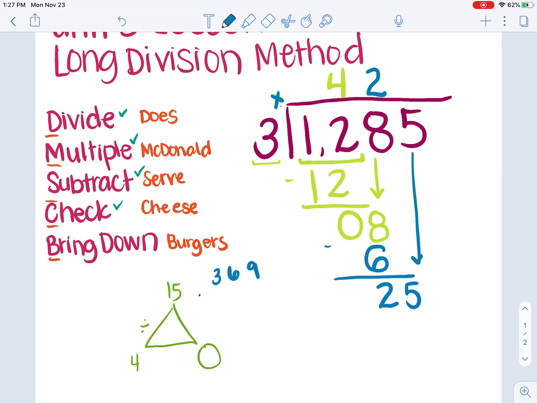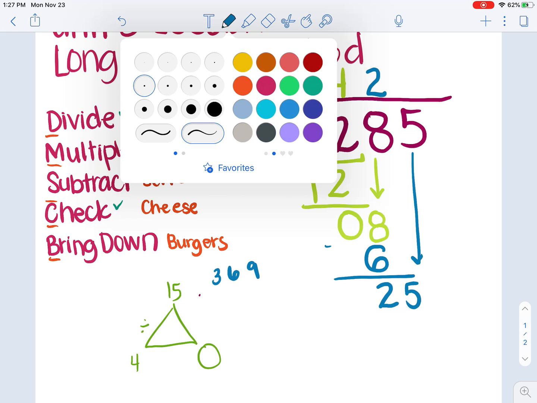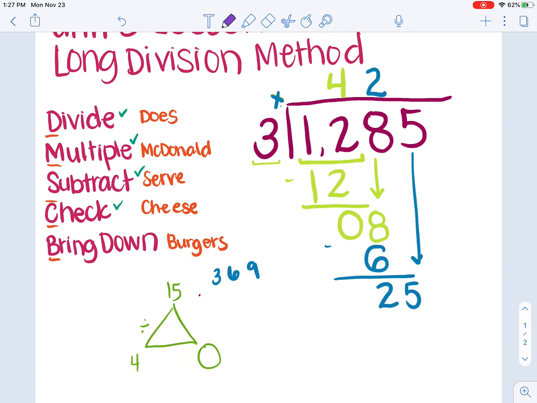Now, normally we wouldn't have 5 to bring down and 2 would be our remainder. But now that we have something to bring down, we're just going to keep repeating our process. How many times does 3 go into 25 without going over? 3, 6, 9, 12, 15, 18, 21, 24, 27. 27's too big.